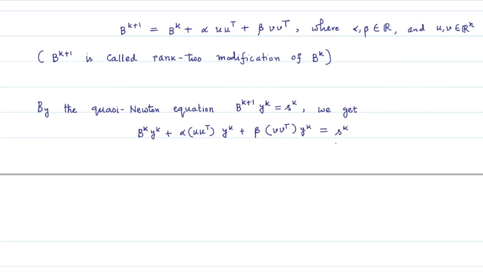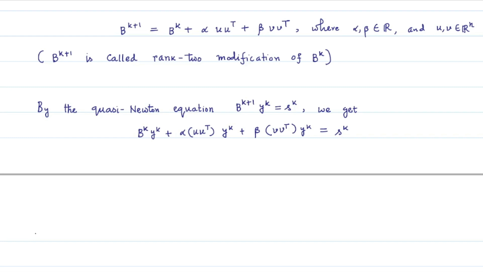Note that this is a system of n equations with how many unknowns? You have n components in u, n components in v, and alpha and beta. So this is a system of n equations with 2n plus 2 unknowns. Clearly then u, v, alpha and beta are not uniquely determined.